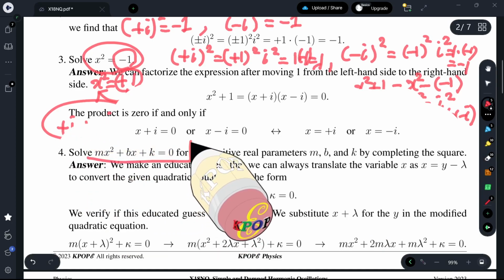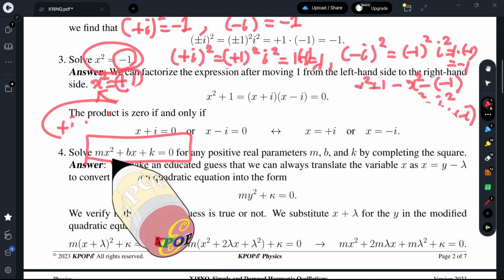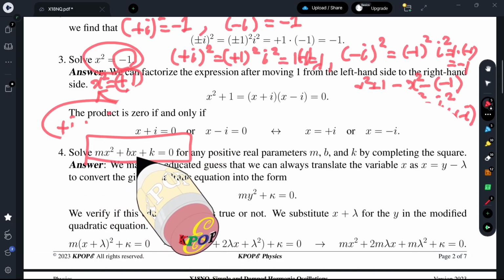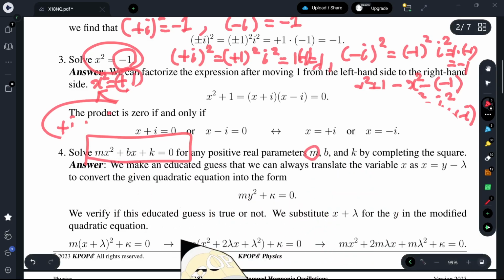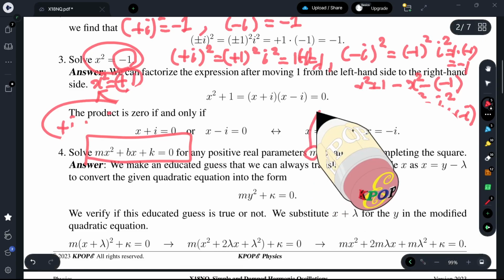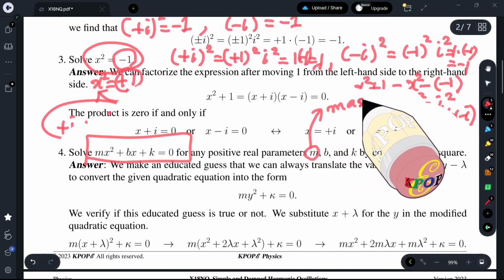Okay, so we want to find the solution of this quadratic equation. Here, m is a real parameter, and it actually originates from mass.